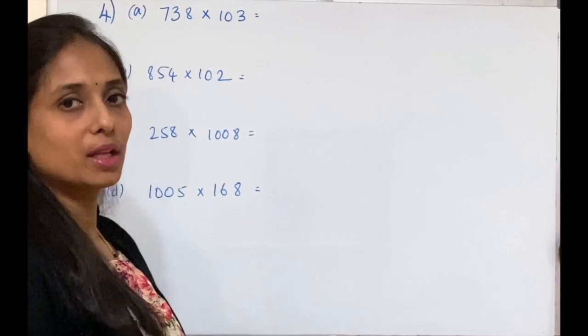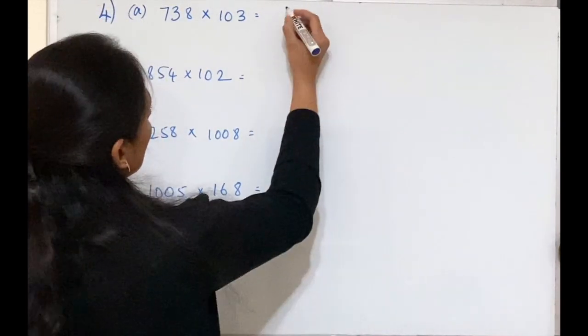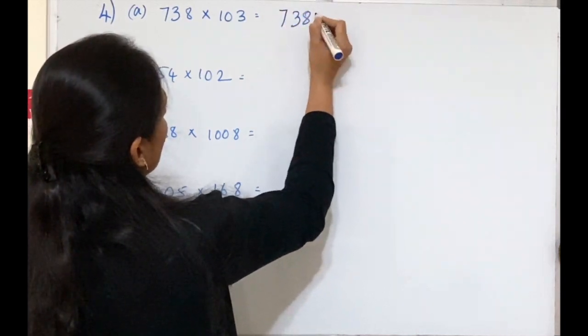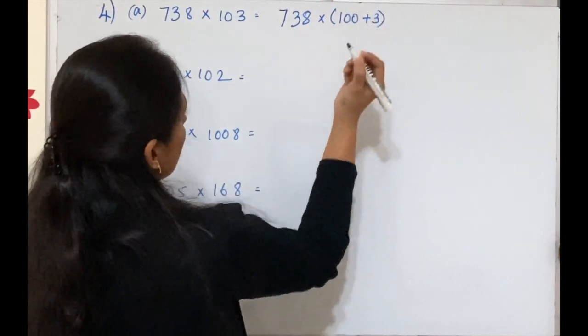So what property am I using? I'm going to use distributive property. So this becomes 738 into 100 plus 3.